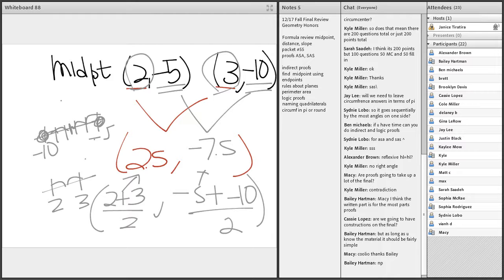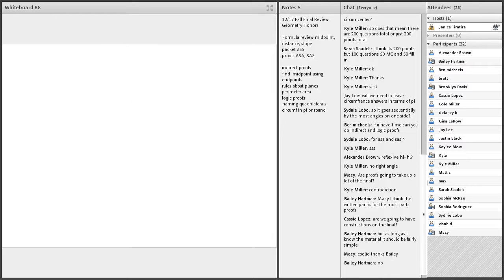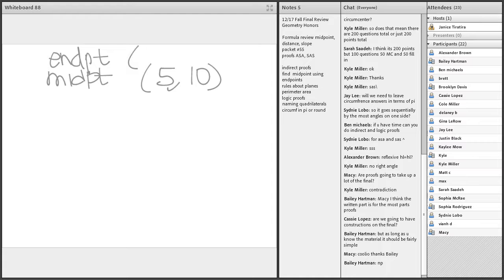Okay? There's a harder one. Not harder, but just more thinking. If you're given one midpoint, 5 and 10, and then you're given just one endpoint, something like 7 and negative 2, find the other endpoint. You could do this algebraically, but I have a different technique.